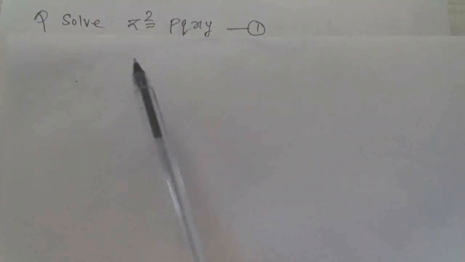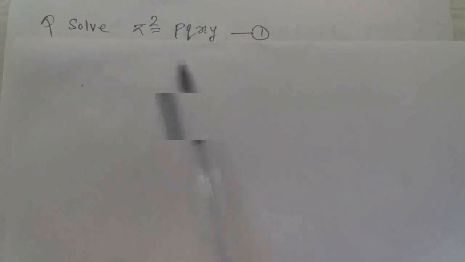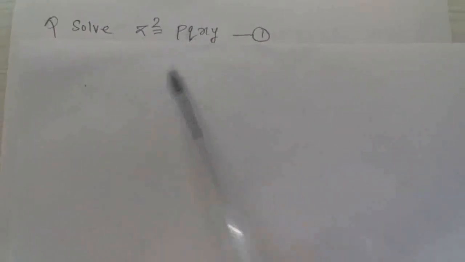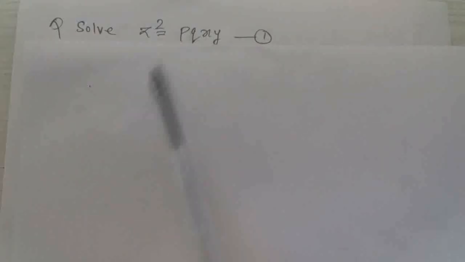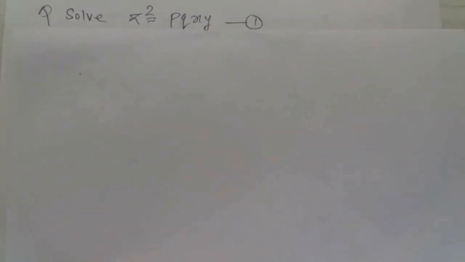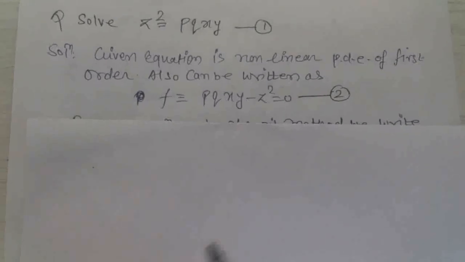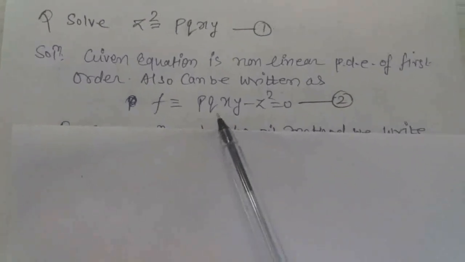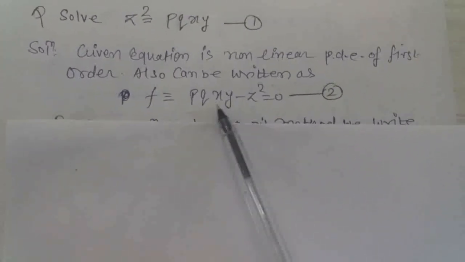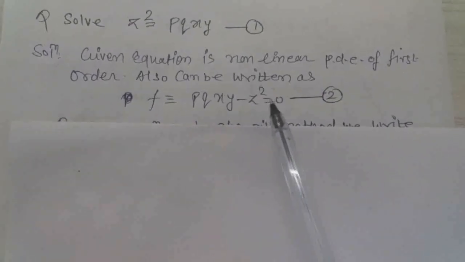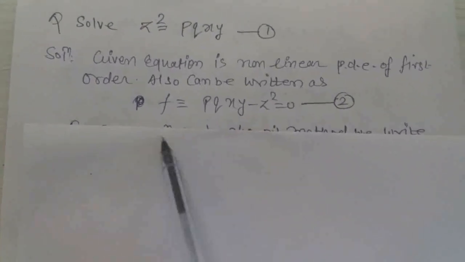And as we are discussing the Charpit method, I am trying to obtain its complete integral by using the Charpit method. This equation can be written as f(x, y, z, p, q) = pqxy − z² = 0.